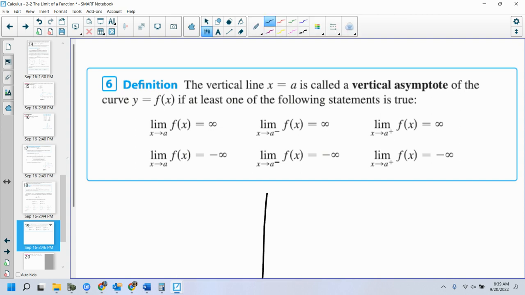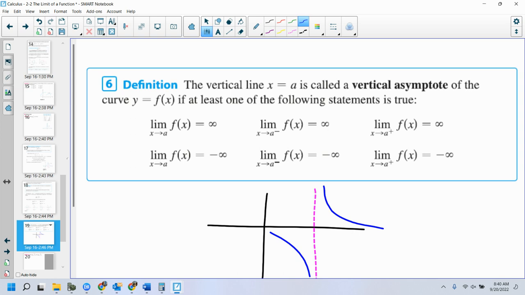If I've got some vertical asymptote here, at that a value, does the limit exist? No, it does not exist, and here's why. Coming from the left side, what's the limit as x approaches a from the left? Negative infinity, because it's going to dive down.